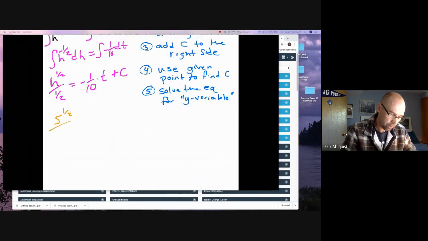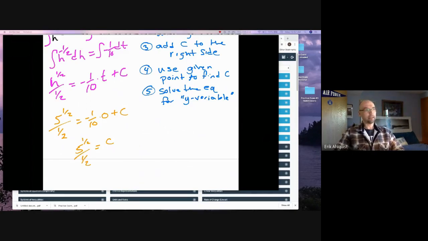And I'm purposefully not simplifying just because I don't need to. I was always told not to simplify. So in this case, c is equal to 5 to the 1/2 divided by 1/2. I understand that if you really hate the way that looks and want to write it as 2 times the square root of 5, I would be fine with it. But I'm not going to do it because I've told you all along, never simplify.